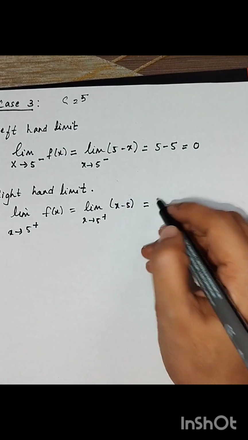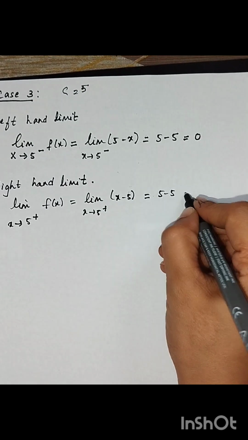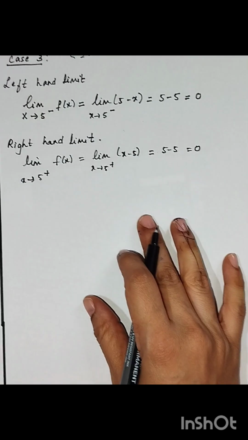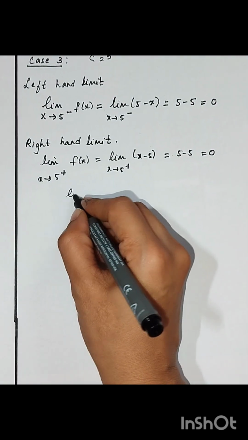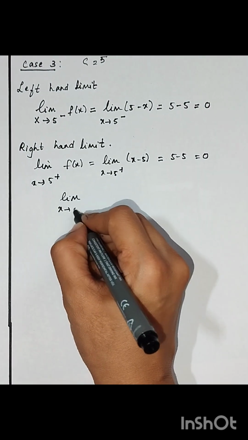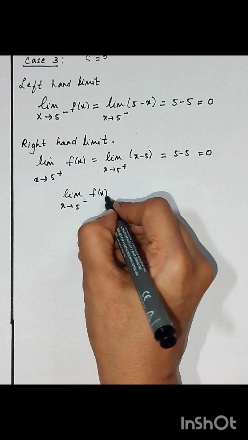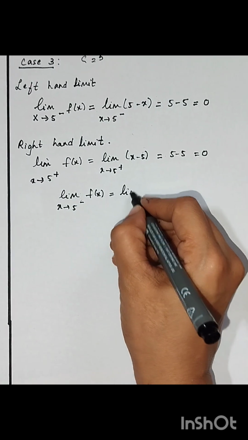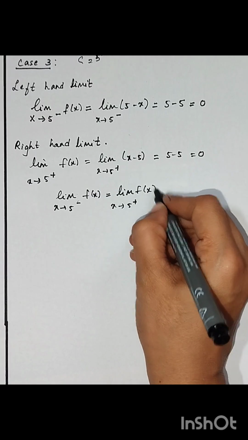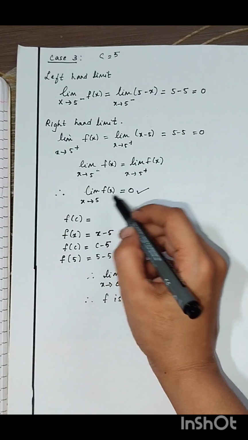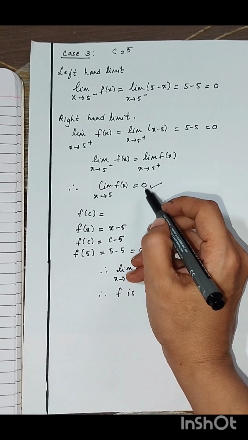It's a polynomial function, so the limit exists, and directly you can write 5 minus 5 equals 0. So the left hand limit is equal to the right hand limit. You can say that the limit exists and the value is 0.